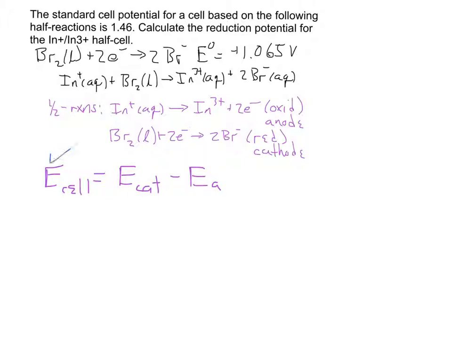We have the cell potential, I gave that to you. And the bromine in this case is the cathode, so we have that. So we have to rearrange this equation to get E anode equals E cathode minus E cell.